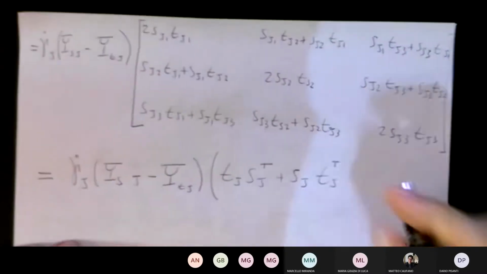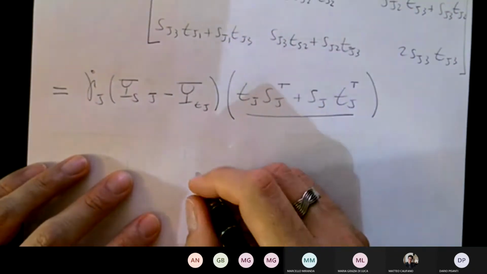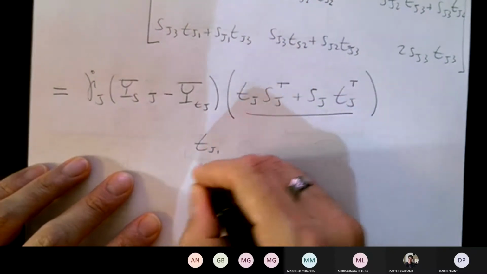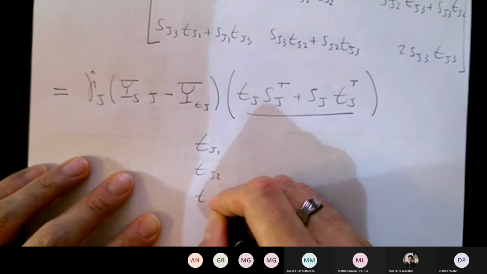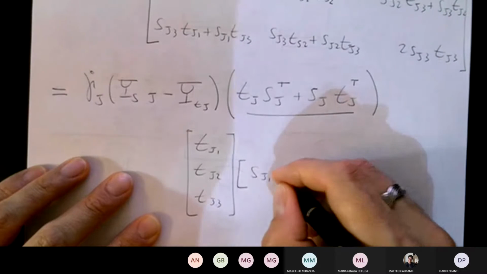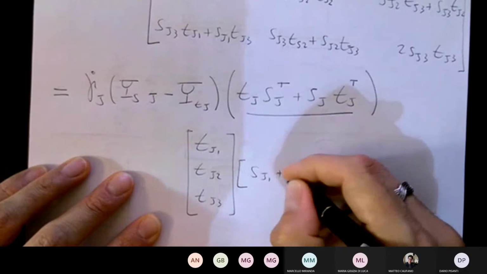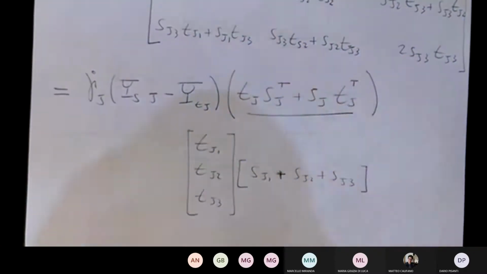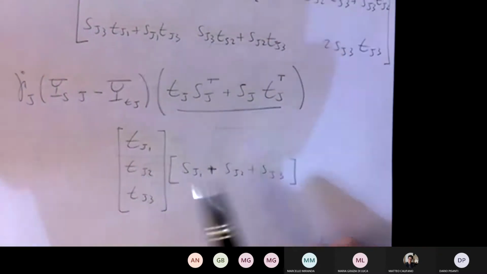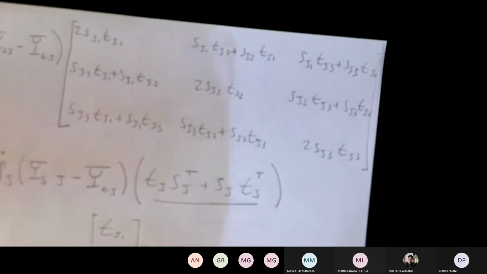So what you would do is you would do Tj1 Tj2 Tj3 multiplied times Sj1, Sj2, Sj3. This gives you a 3 by 3 matrix. Then you do the same with this other operation here, another 3 by 3 matrix, add them together, and you will see that you get these basic terms that I wrote on top.